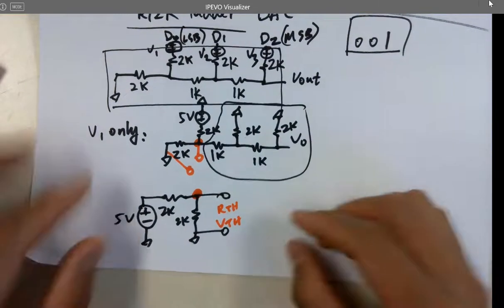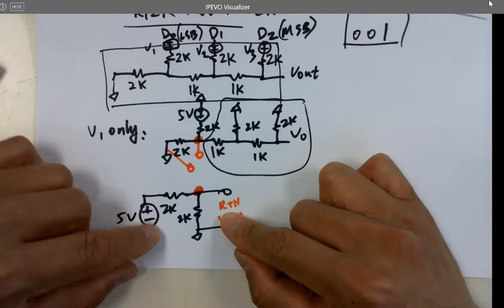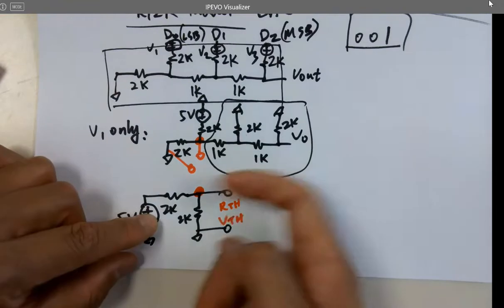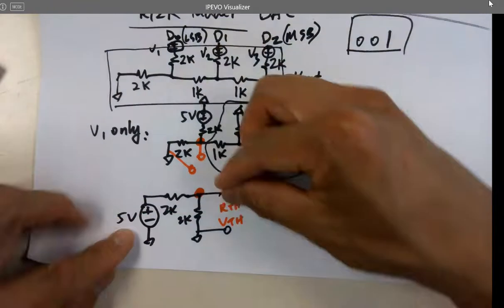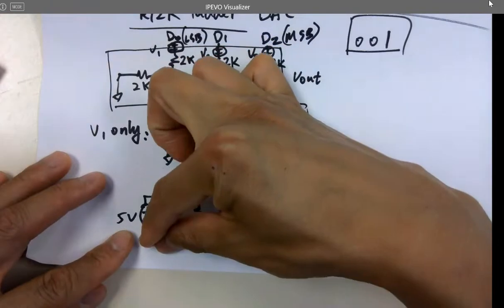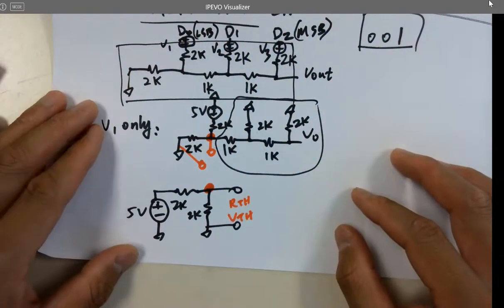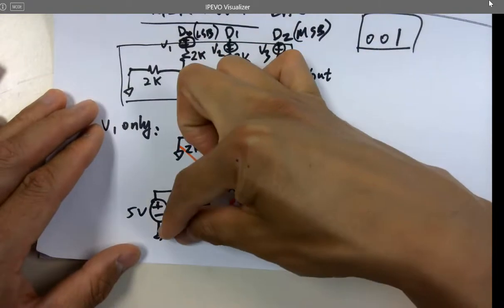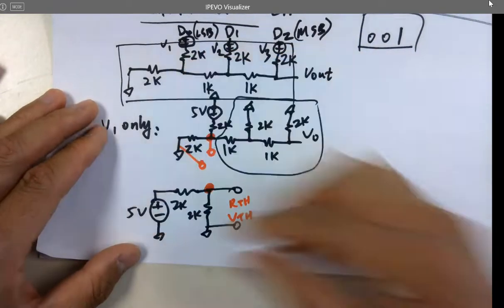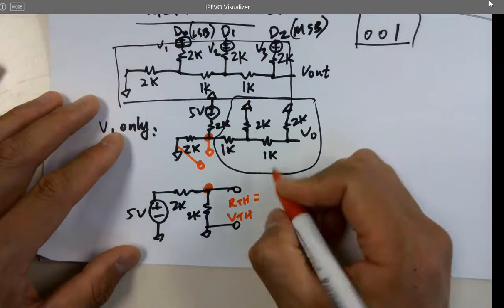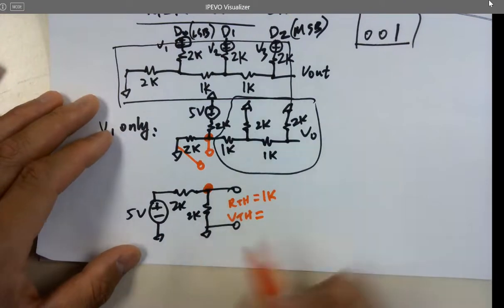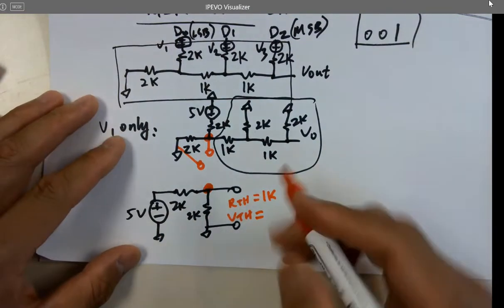When you are doing RTH, you short here, right? And you look backwards. These are parallel resistors, right? What's the resistance, which is RTH? And what is VTH? Yeah, it's a voltage divider.